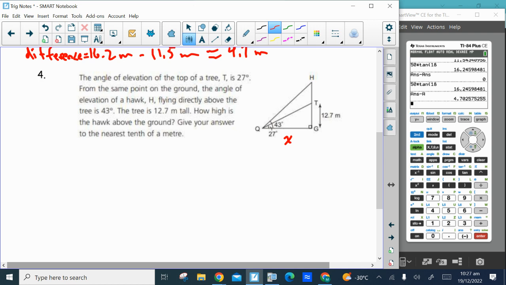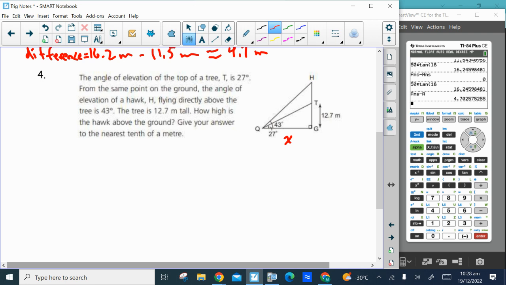Both triangles share that side. Using the smaller triangle, the angle of 27 degrees and this 12.7, we can find out what X is. And then we can use that to find out what the height of the larger triangle is.